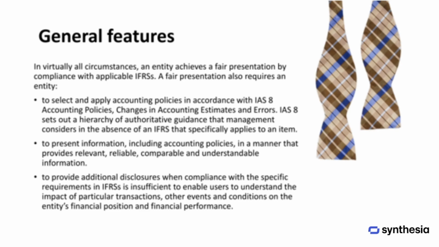This includes properly disclosing accounting policies and ensuring that users can interpret financial statements without confusion. Provide additional disclosures whenever IFRS requirements alone do not fully explain the financial impact of certain transactions, events, or conditions. This ensures that users have all necessary information to understand the entity's financial position and performance. Ultimately, financial statements should not only comply with IFRS, but also serve their primary purpose: to provide meaningful insights that help users make informed economic decisions.